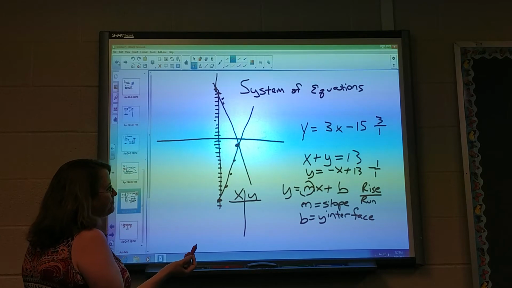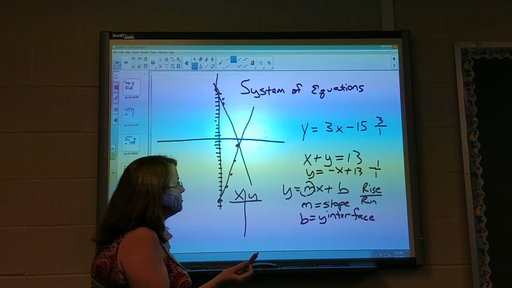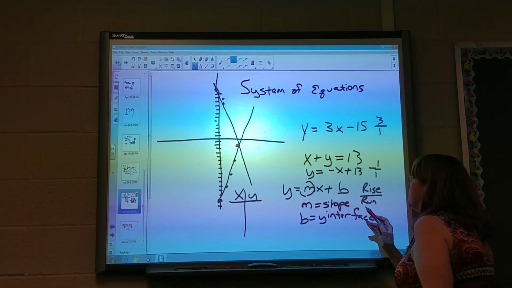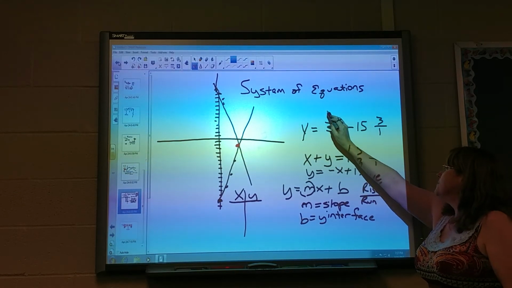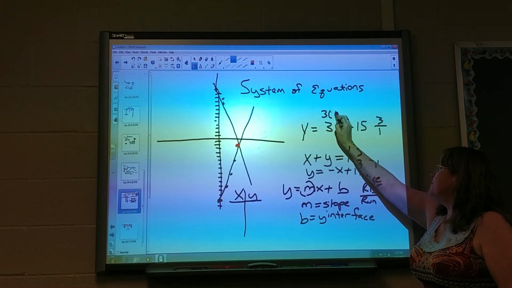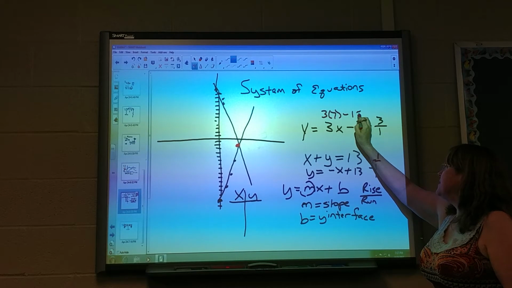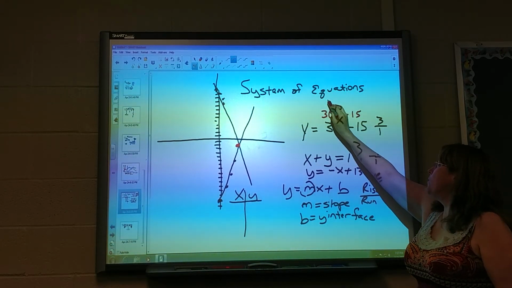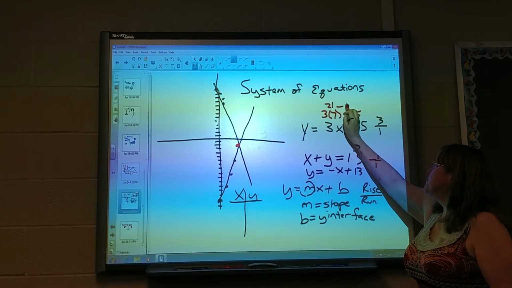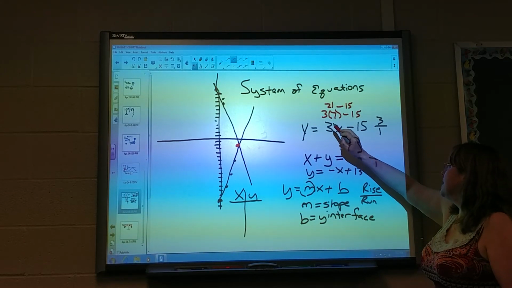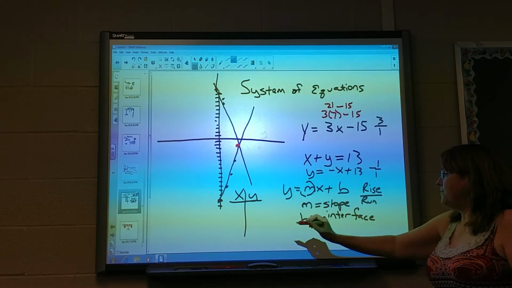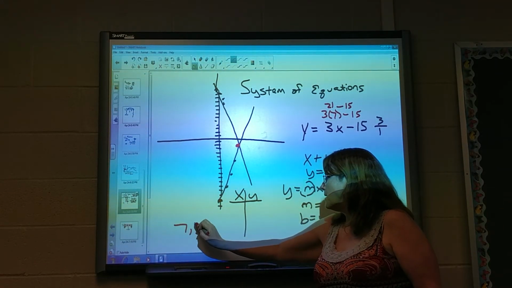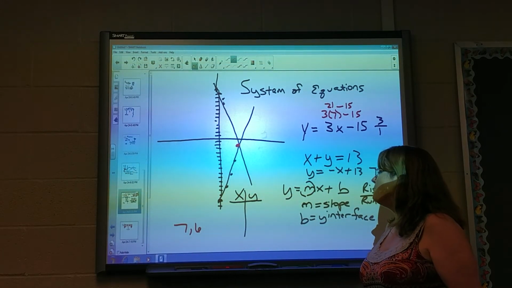It's easiest to plug 7 into this one, because this one's got y here. So we have 3 times 7 minus 15. 3 times 7 is 21. 21 minus 15 is 6.